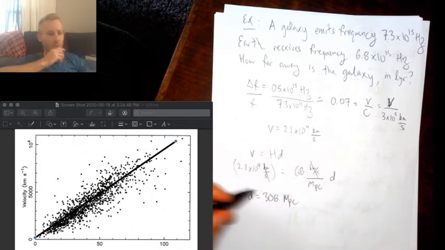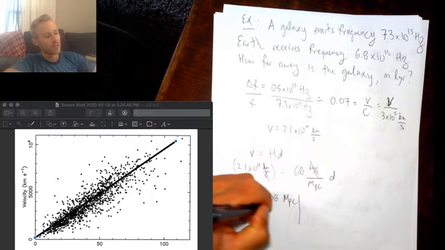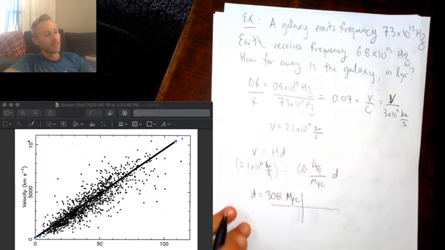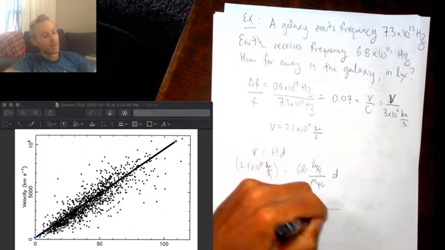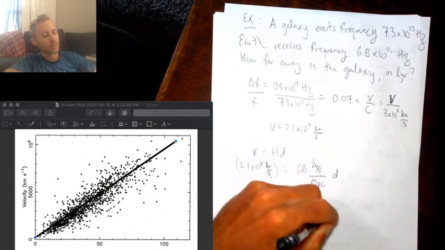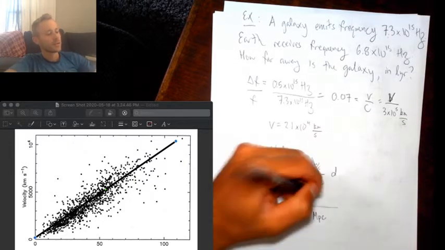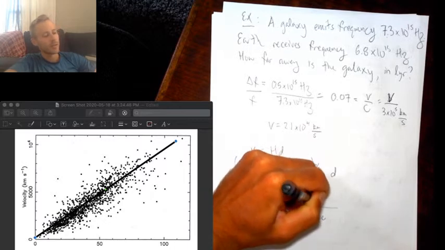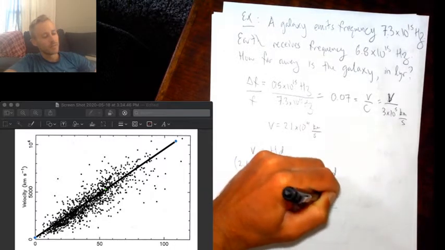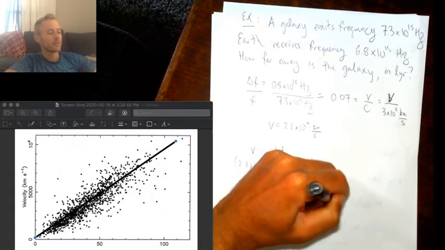All right, I would like to convert that into light years. So 1 megaparsec. Remember, 1 parsec is 3.3 light years, so this is 3.3 million light years.